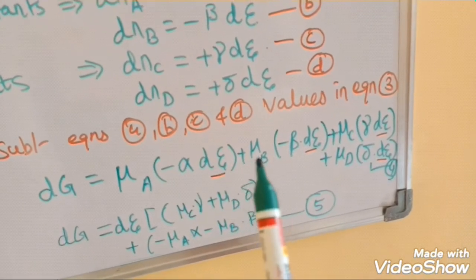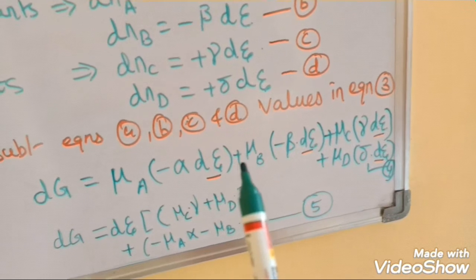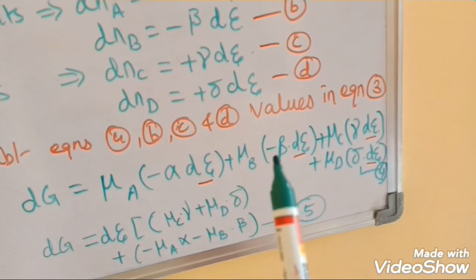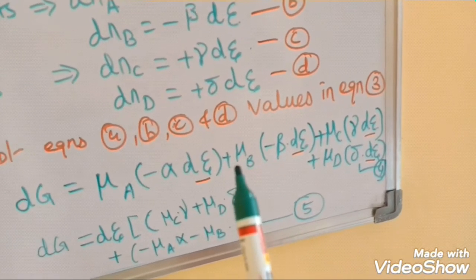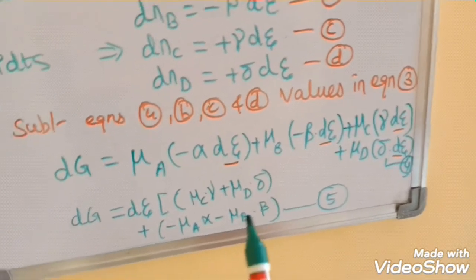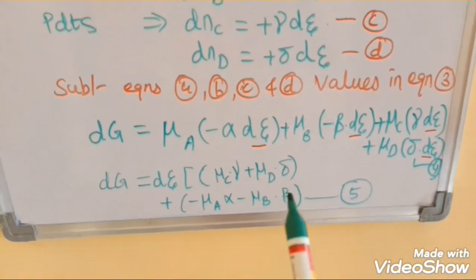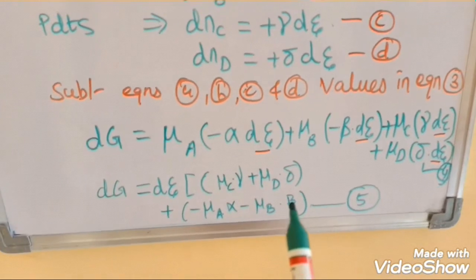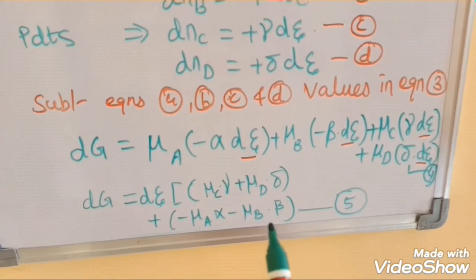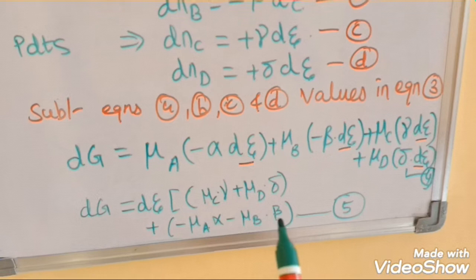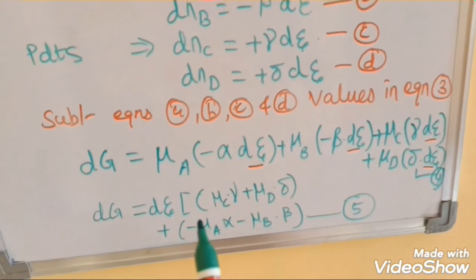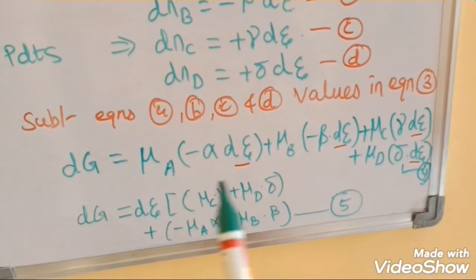Then minus, here this is actually minus, so plus mu b multiplied with minus beta, no? So that's minus mu b into beta. Okay, this is actually beta, this is b. You may put the subscript values properly.